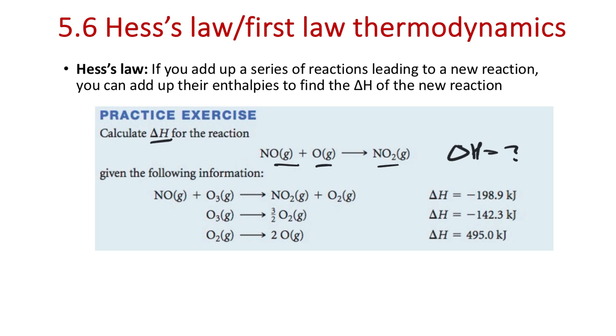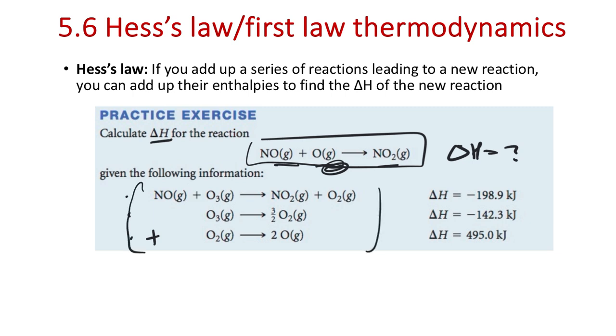Well, they give us these 3 reactions here that hopefully, through them, we can figure out how to manipulate these equations so they add up to balance out to this reaction here. If I just add these reactions up as is, I think you can see that that's not going to work. If I add these reactions up as they're written, they don't balance out to NO plus O goes to NO2.